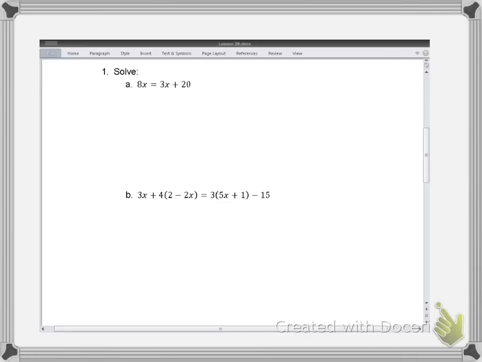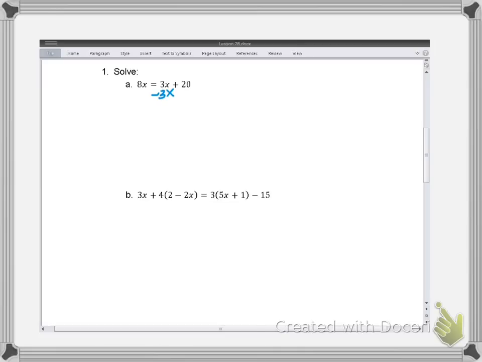So the first example here is 8x equals 3x plus 20. There are no inclusion symbols. There are no like terms on the same side of the equal sign that can be combined. So for example, the 8x and the 3x are on different sides, so we can't combine them to get 11x. What we can do, though, is move the 3x over to the other side.